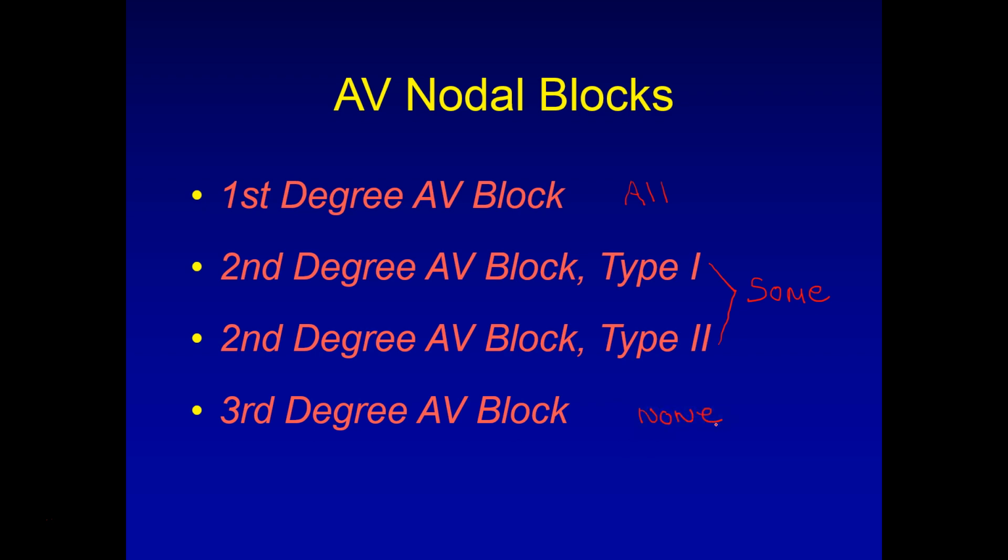Keep that in mind as we go through each block: first degree, the signal gets to the ventricle all the time. Second degrees, only some of the time. Third degrees, none of the time. With that concept, you just have to distinguish between the two second degree blocks. So let's get started.